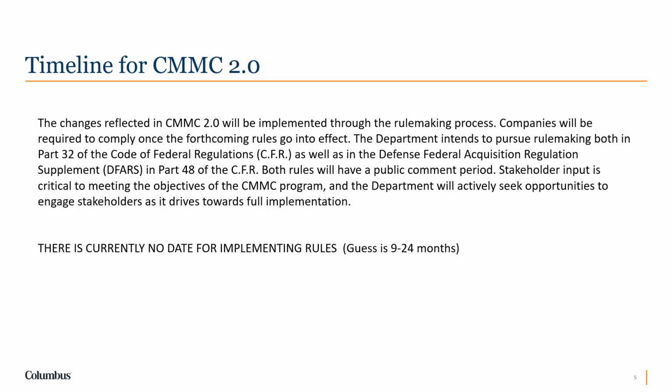If you go to all the government websites having to deal with this, and I will give you those links at the end of the presentation, they are guessing right now that it's going to be anywhere from an additional 9 to 24 months before those rules are written and implemented. But the flip side is that once those rules are written, you sort of immediately have to qualify.